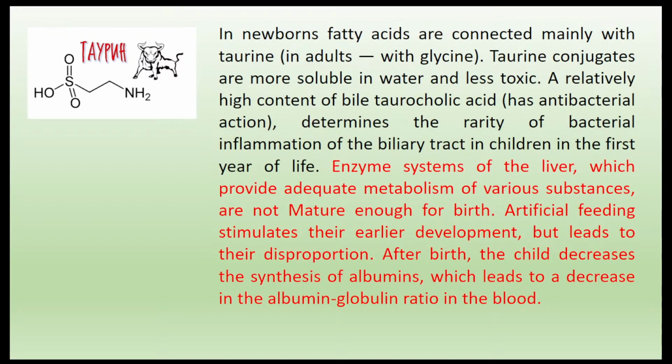The enzyme systems of the liver, which provide adequate metabolism of various substances, are not mature enough at birth. Artificial feeding stimulates their early development, but leads to their disproportion. After birth, the synthesis of albumin decreases, which leads to a decreased albumin-globulin ratio in the blood.